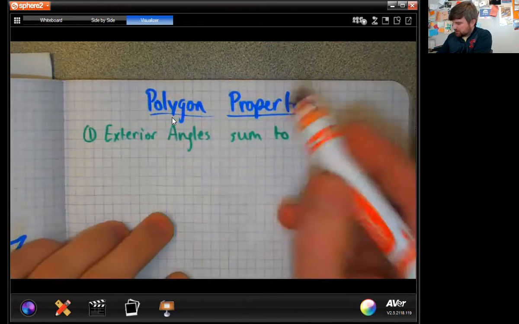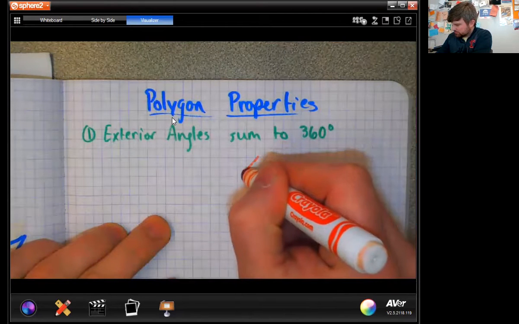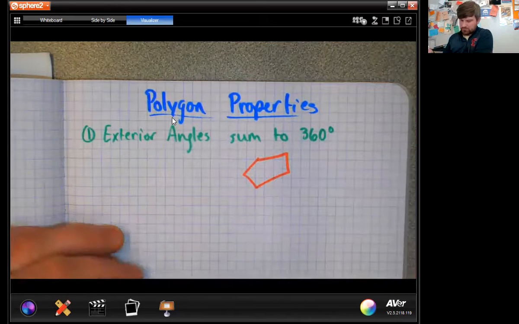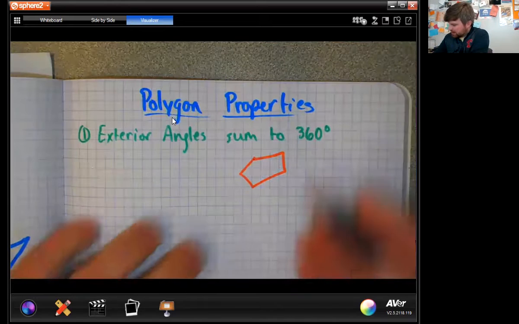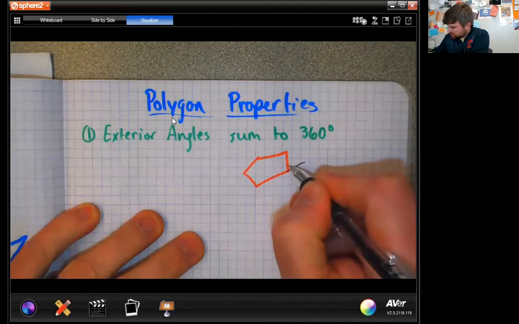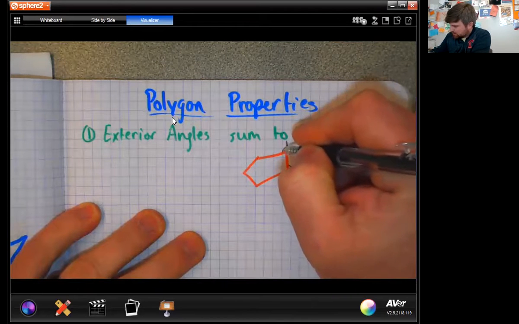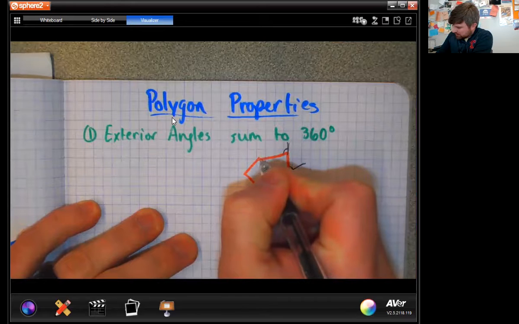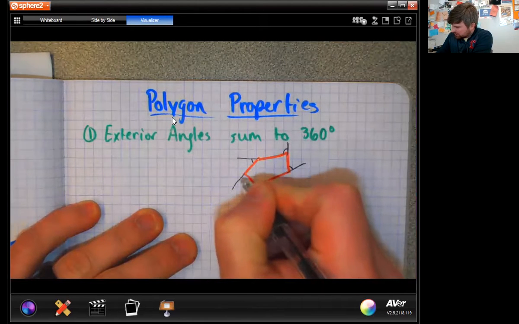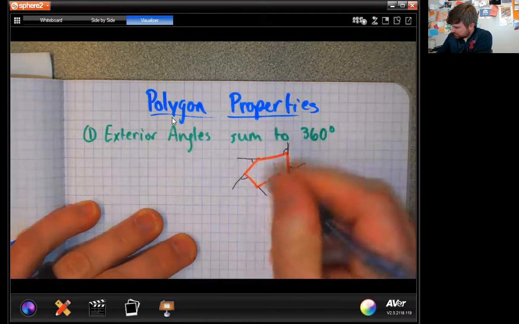So if I have some polygon, the exterior angles are these angles right here. We just extend the line here. We did this with triangles, that angle and this angle and this angle.